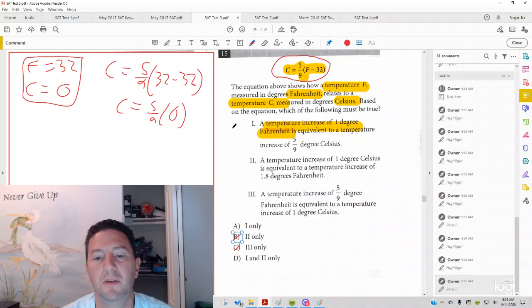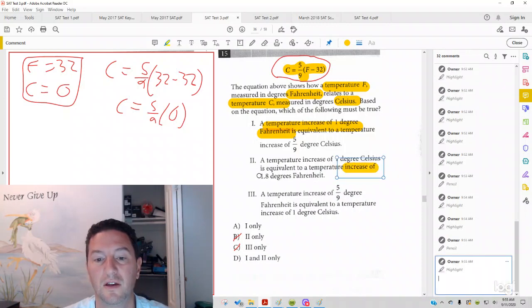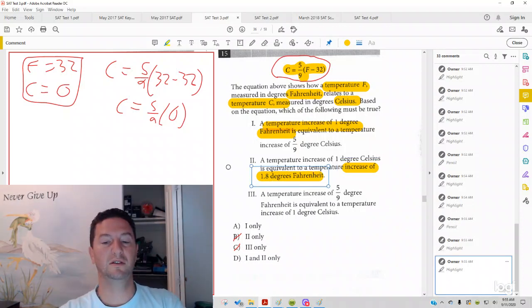It's going to be a pain to adjust Celsius and then figure out Fahrenheit. So what I suggest you do instead is adjust Fahrenheit. We're going to increase Fahrenheit 1.8 degrees and then see if it's the equivalent increase of 1 degree Celsius.